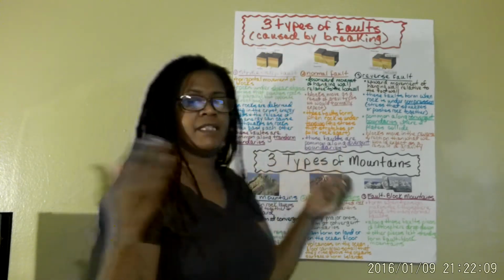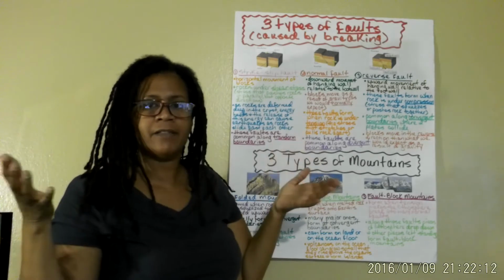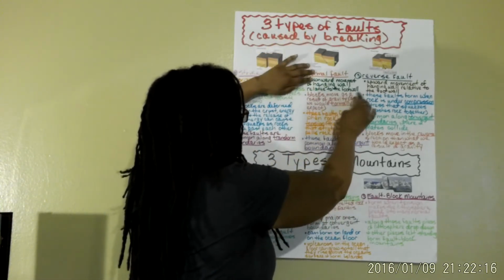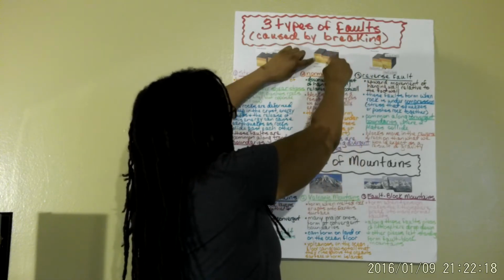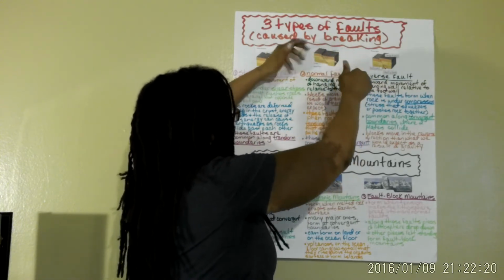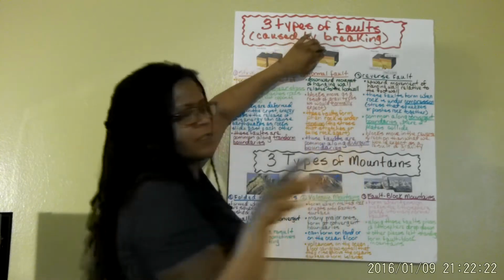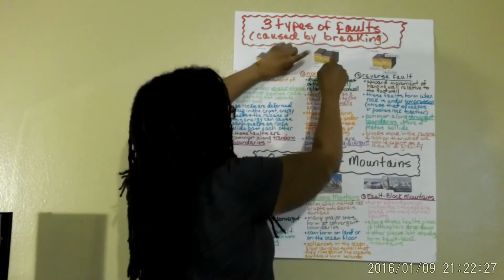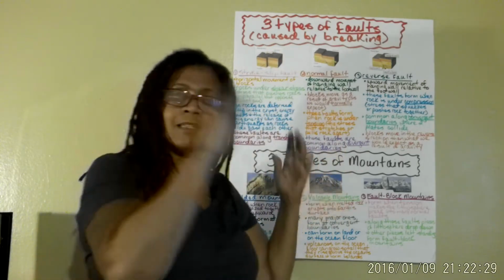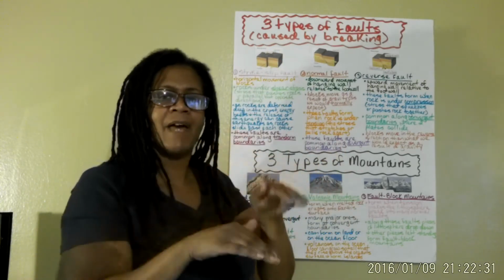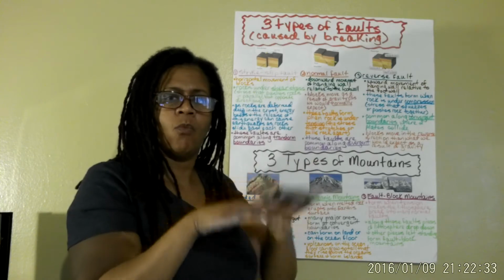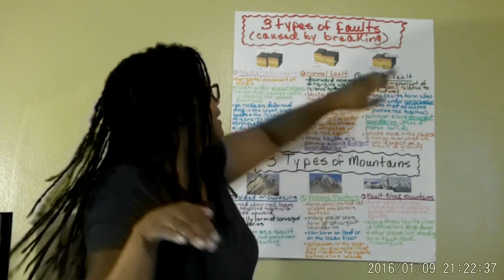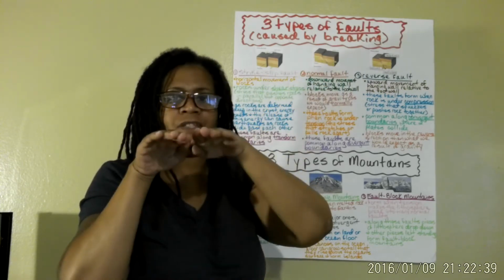This is what we would normally expect if we have one rock that is under a bit more stress or tension than the other, then we would expect them to shift one way or the other. And in this normal fault, the hanging wall shifts downward.